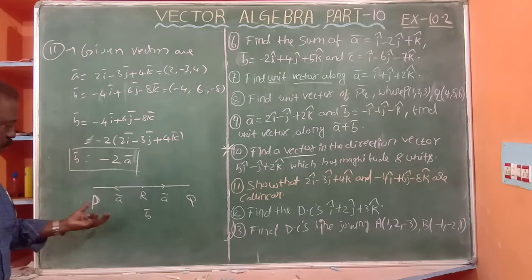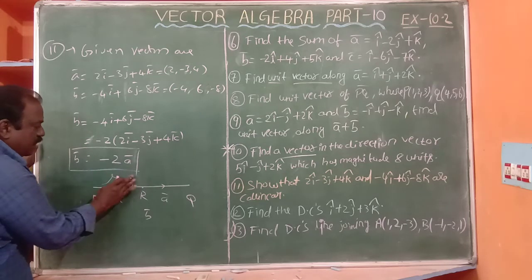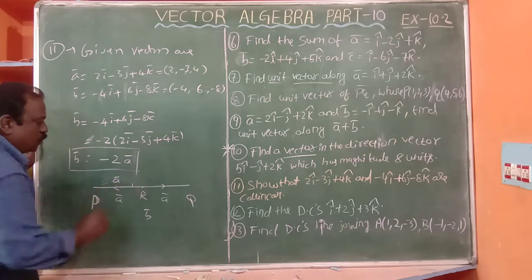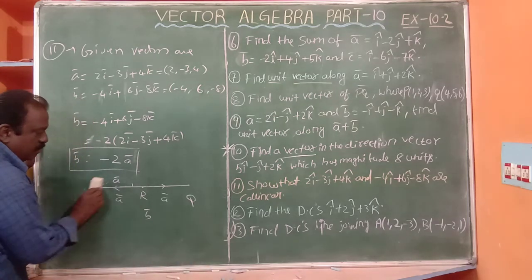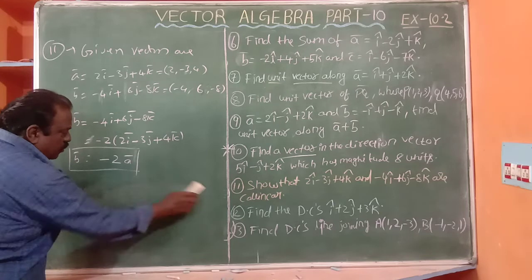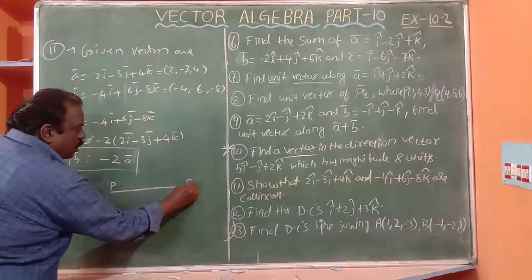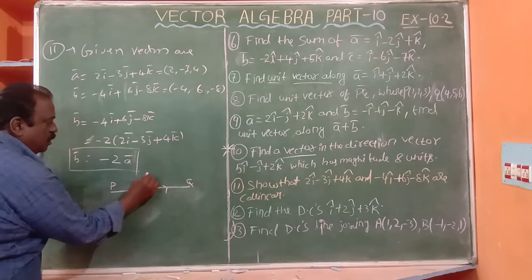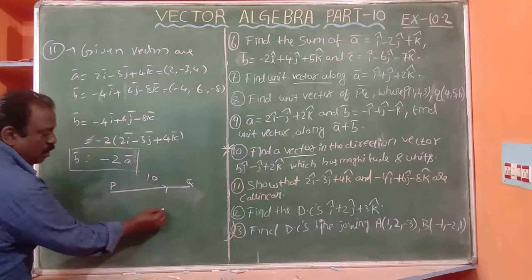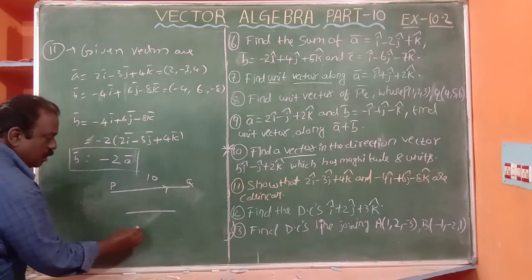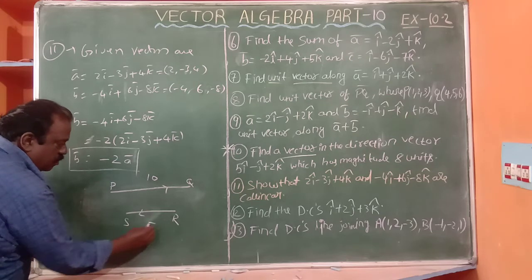Specifically, here it is this vector A bar. Or otherwise, if it is giving some confusion, we will change. This PQ bar is 10 units, from P to Q. But RS bar is 5 units.